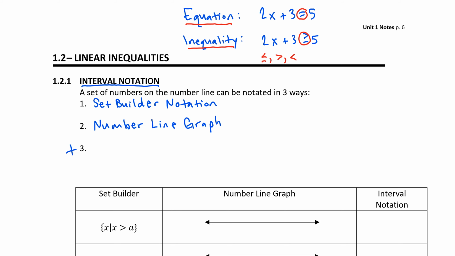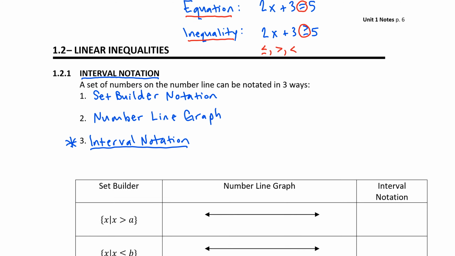And the third and most important to our studies is interval notation. So again, before we solve an inequality, we're going to learn how to express inequalities in these three ways. Interval notation, again, is the most important, and the more that we can master interval notation in this section, the better we'll be prepared for expressing the domain and range of a function in later sections in this class.